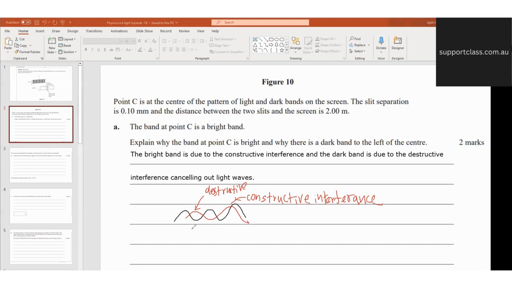So in this point, that is the overall interference, so a cancelling effect. So in here, what happened? Amplifying effect.